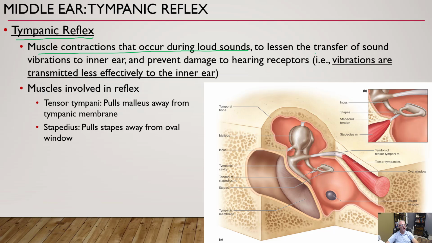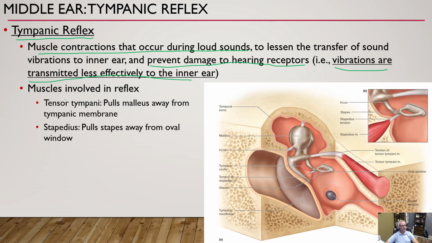When the malleus, incus, and stapes vibrate, and we have a bunch of loud sounds, your body's going to try and protect itself. Your body will basically decrease those vibrations that are transmitted to the inner ear. Those vibrations are actually transmitted less effectively.